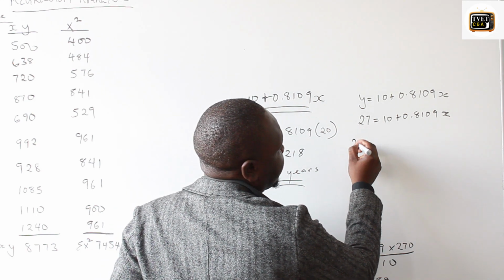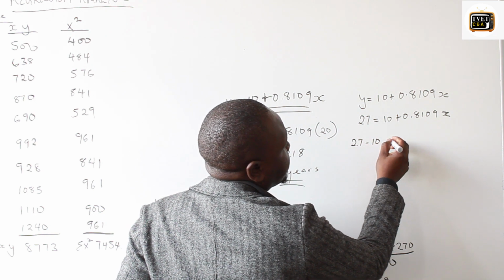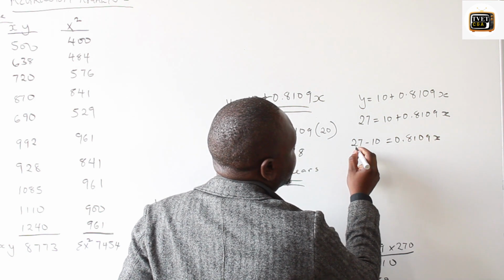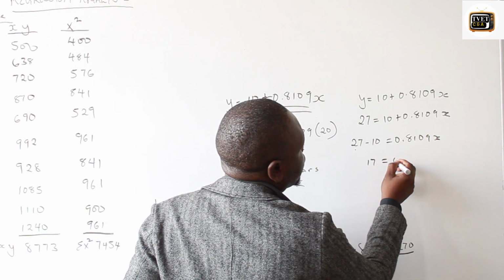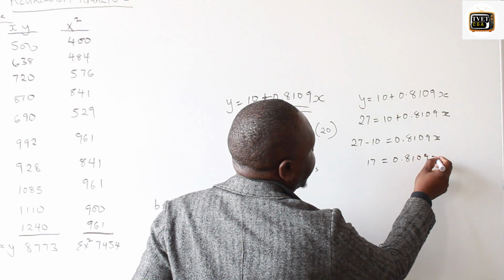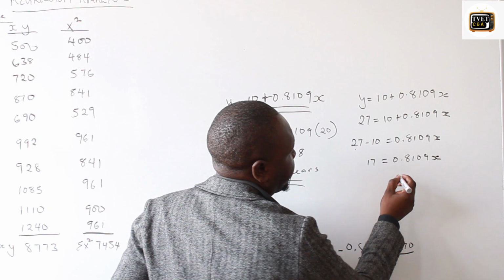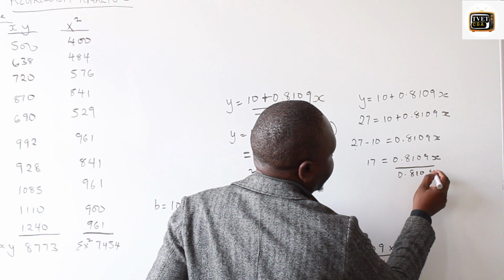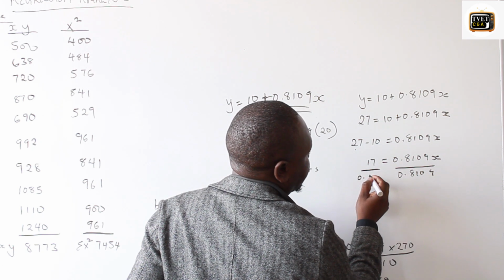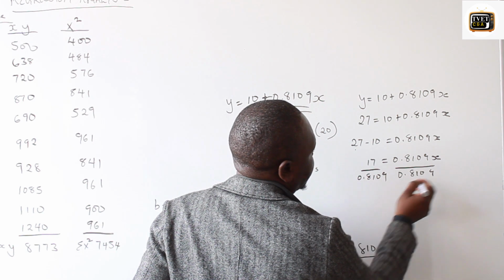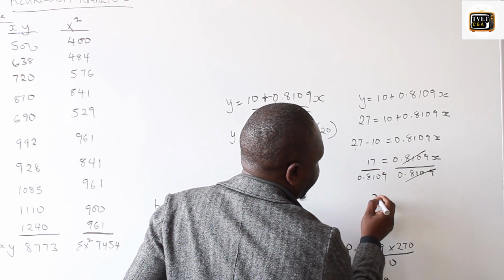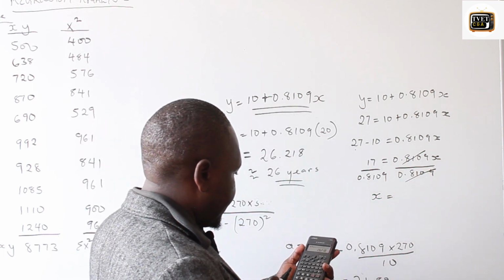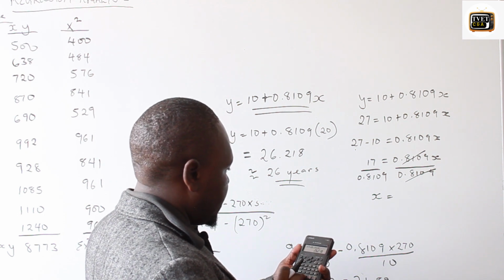So 27 minus 10 is 17, equal to 0.8109x. To find the value of x, you divide both sides by 0.8109. So x will be 17 divided by 0.8109.